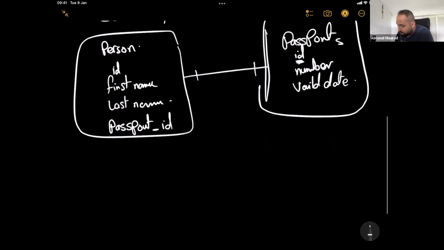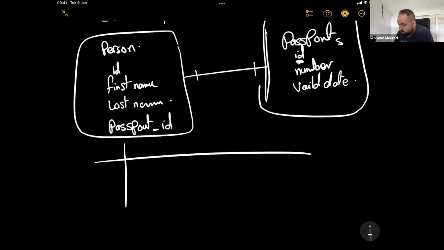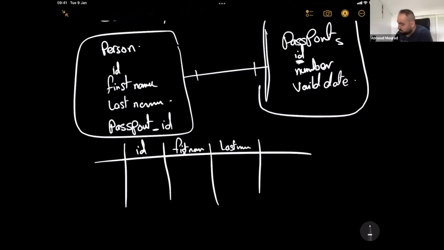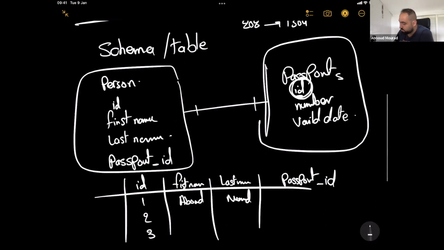With that being said, I'm going to draw this: ID, first name, last name, and here I'm going to have passport ID. Here 1, 2, 3. First name, let's say Aboud, Murad, and the passport ID is 304.